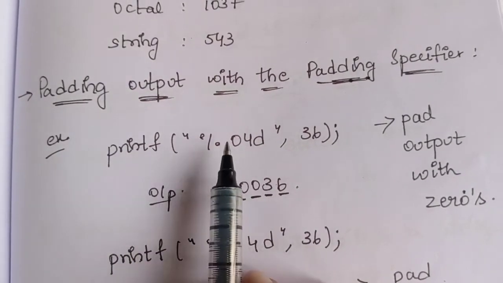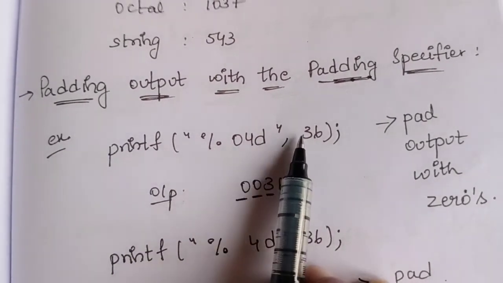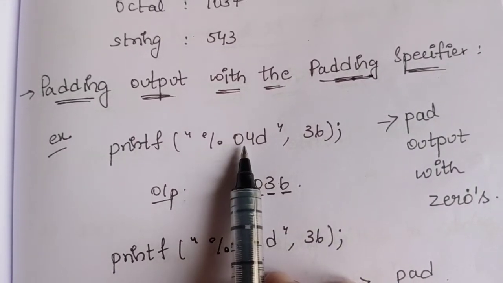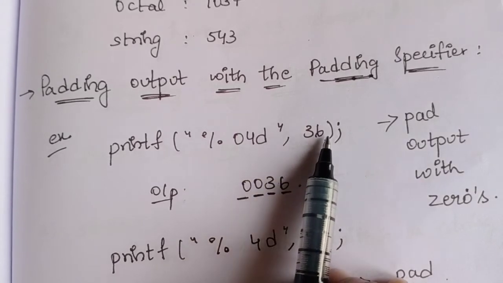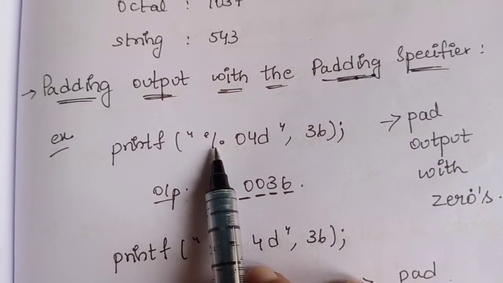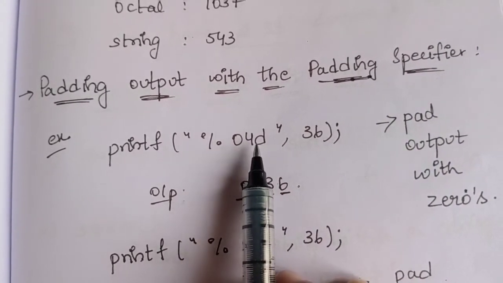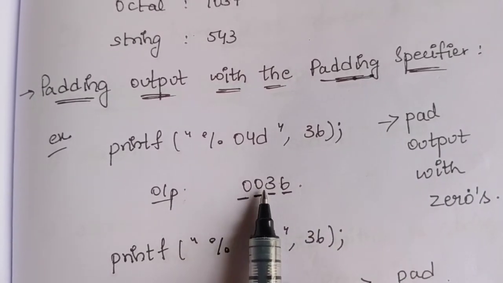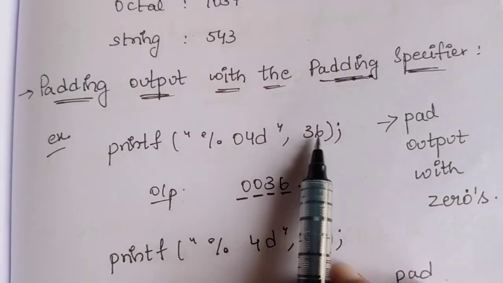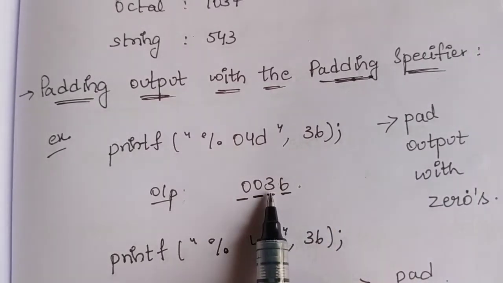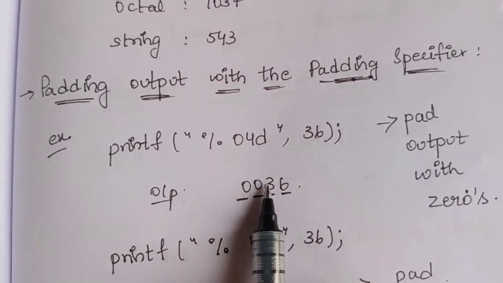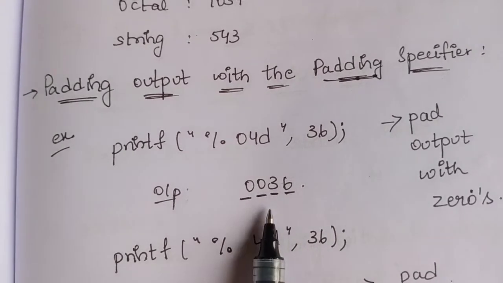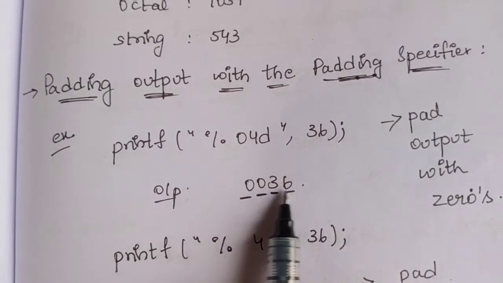Suppose generally we give %d for a decimal number, but if we want to add zeros to this output, then after the % symbol we have to specify 04. 4 is nothing but it occupies 4 places, in which 2 spaces will be occupied by 36 and the remaining is padded with zeros.